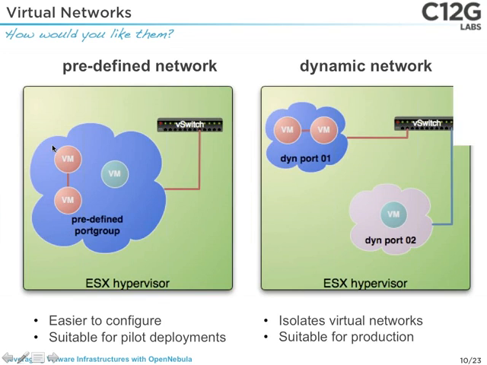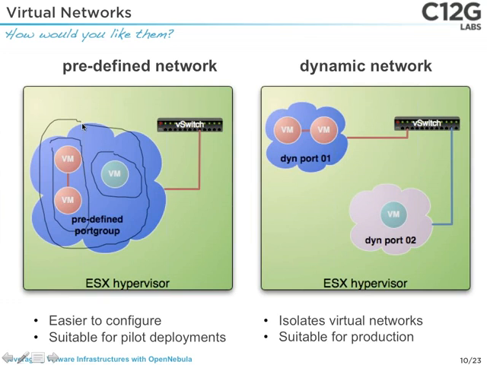in different virtual networks, like these two machines and this machine, will still be in the same port group, so they could sniff on each other, right? They are not fully isolated.